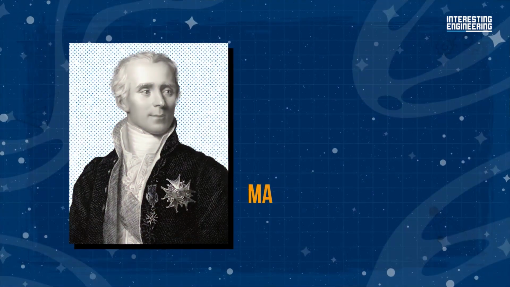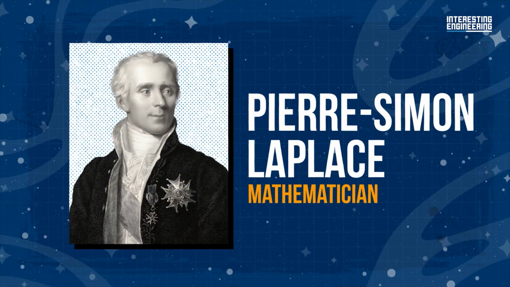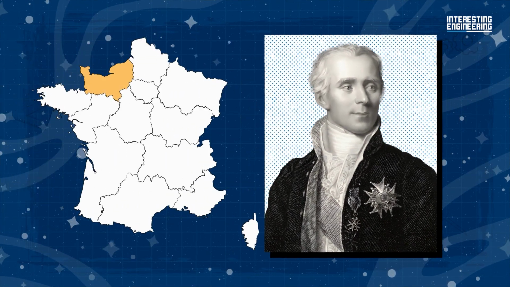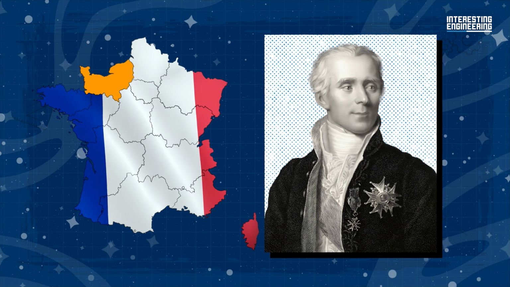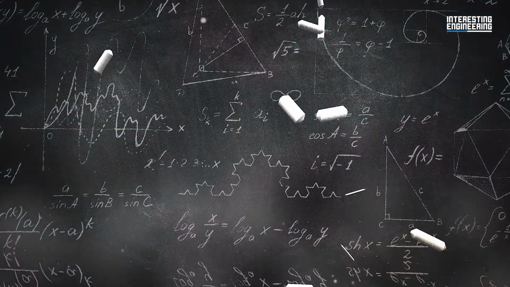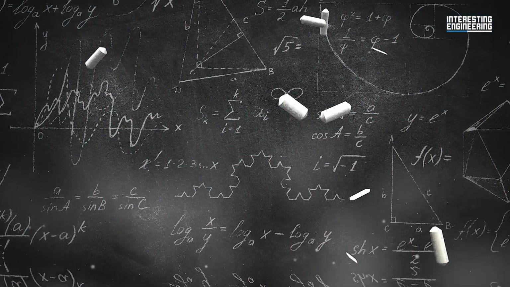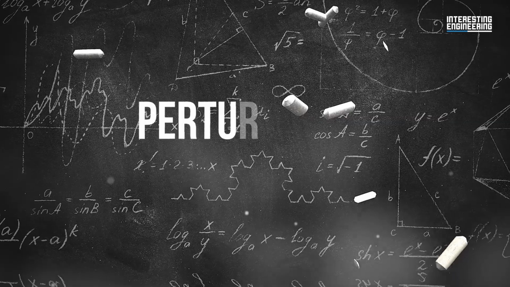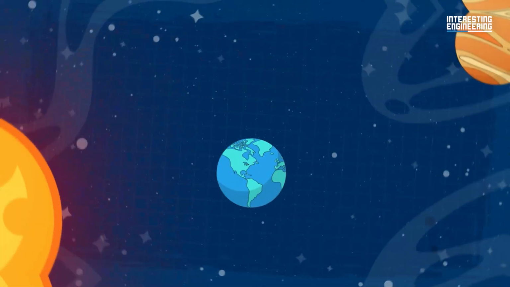Let's roll forward 130 years or so to mathematician Pierre-Simon Laplace. Born in Normandy, he's often seen as the Isaac Newton of France. He looked at the same problem and worked on getting God out of the equation. To do that, he developed an extension of Newton's calculus called perturbation theory.